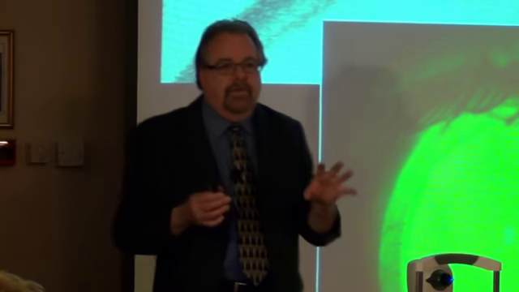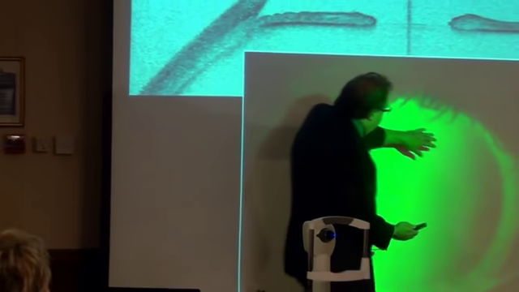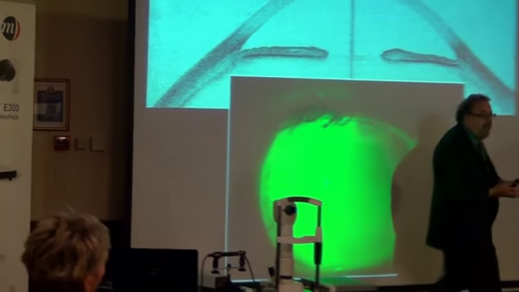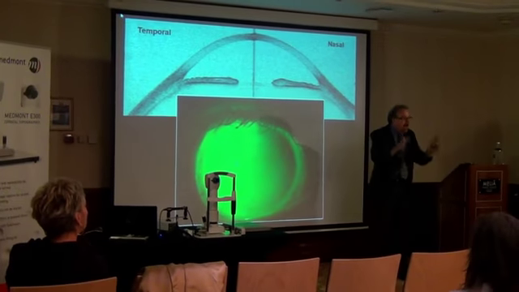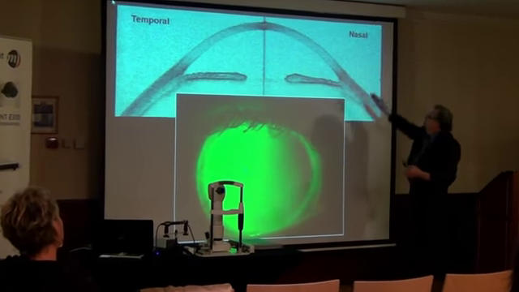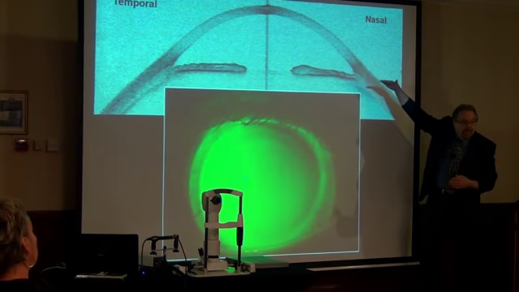Now, I'll get into this in a little more detail later, but what you'll notice is that when you apply a scleral lens to the eye, the lens is going to land first on that nasal side. Why is it going to land first there? It's because this area is actually higher up.